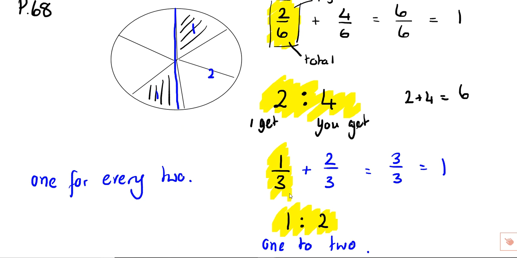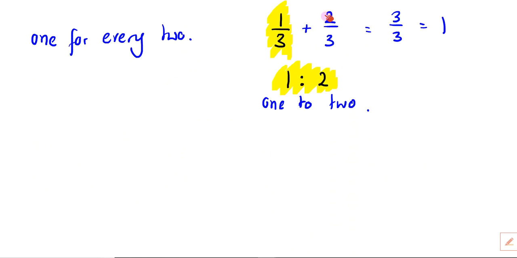Now, as a fraction, let's write this one down. We had the ratio 5 to 8 in that starter.